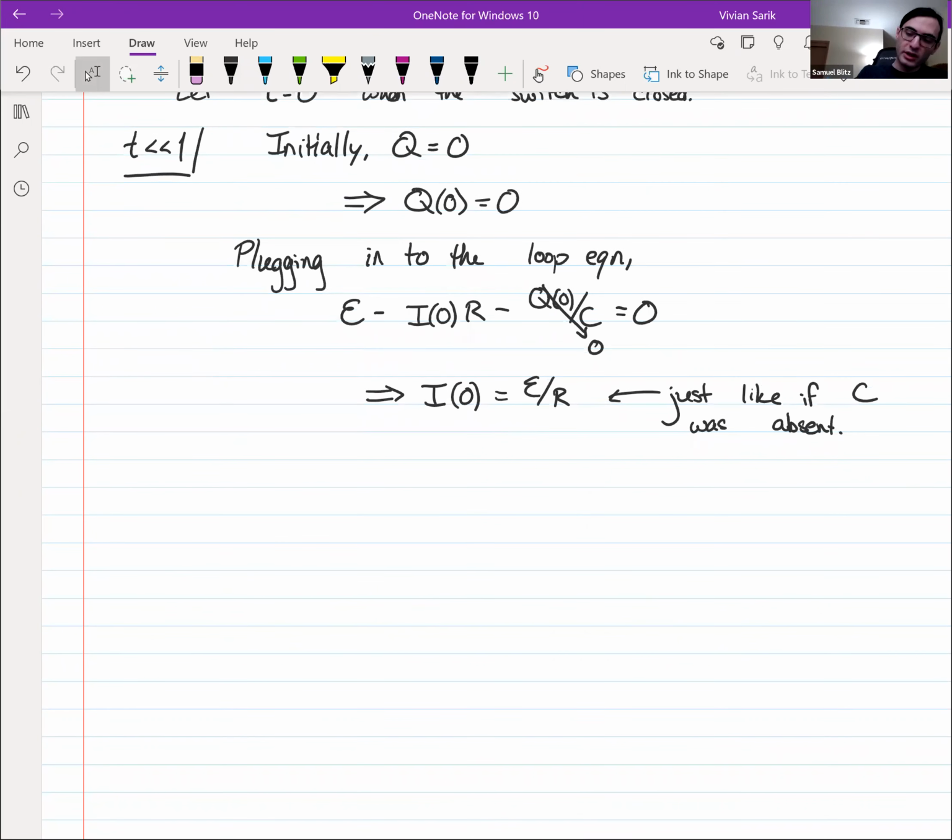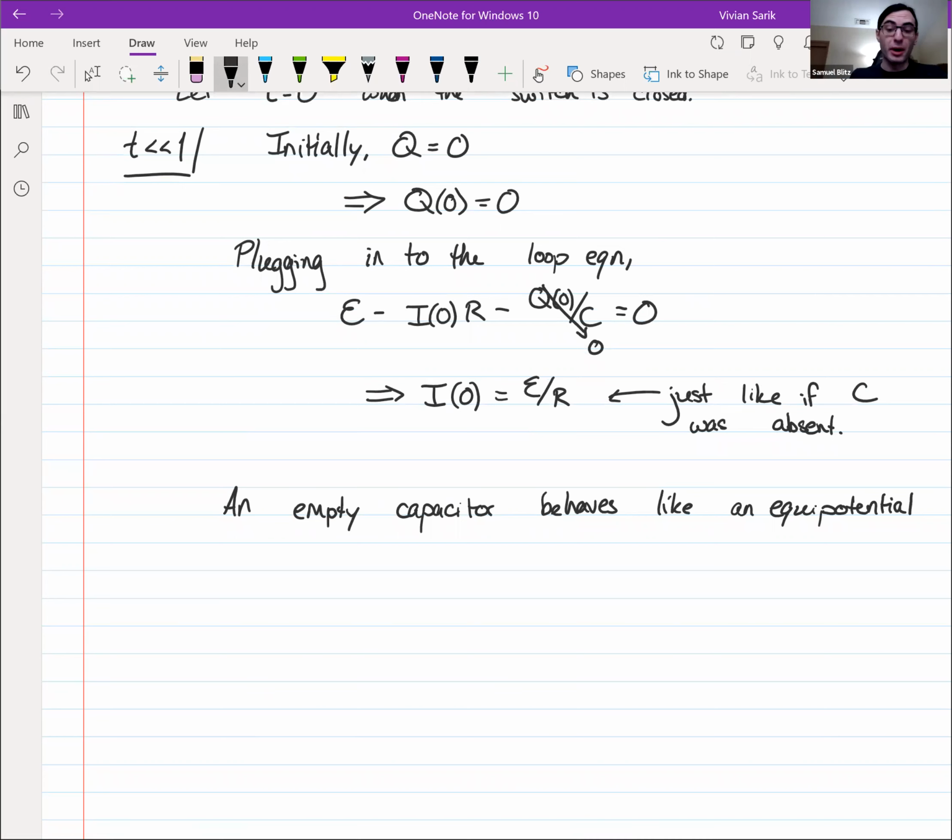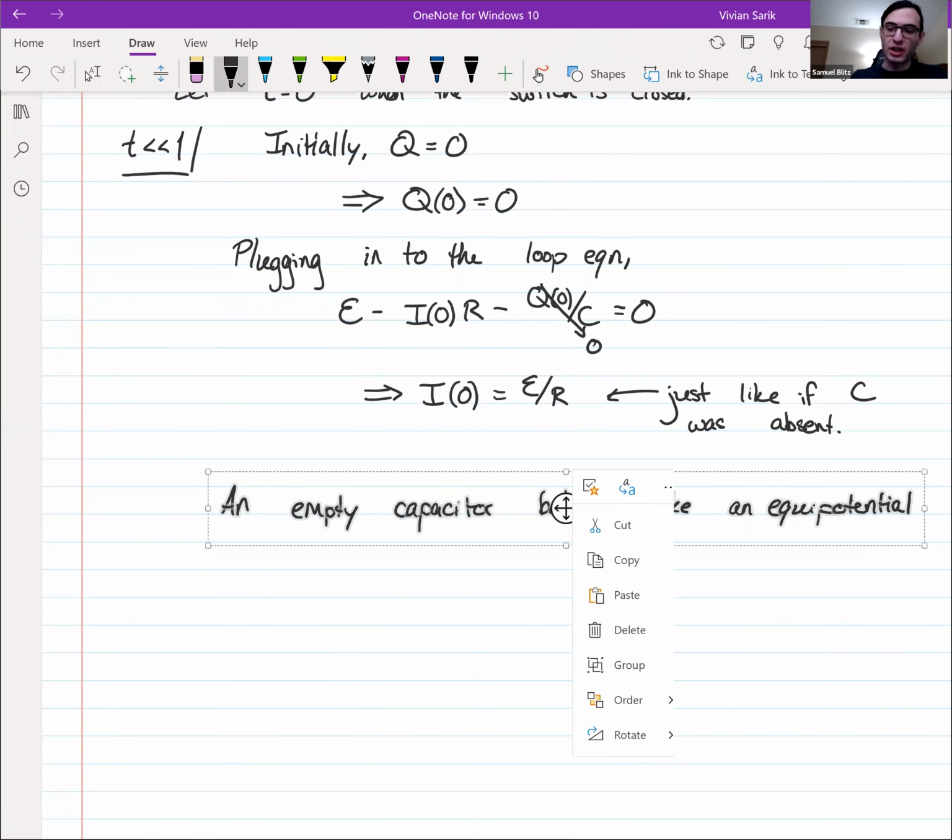So in other words, an empty capacitor behaves like an equipotential. And this is not special to the circuit I just drew. This is just true about capacitors. If the capacitor is empty, it behaves exactly like an equipotential.